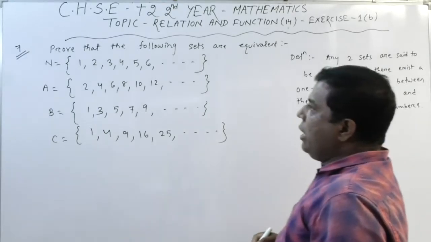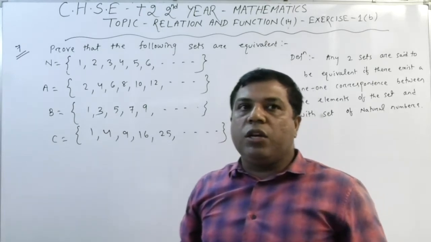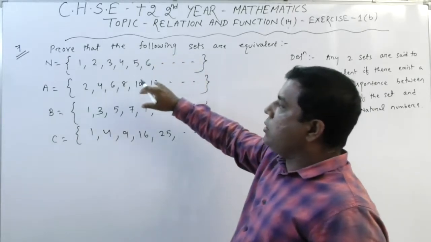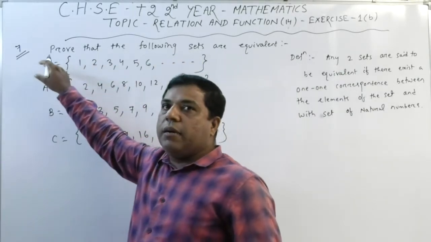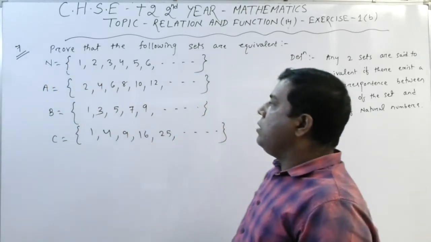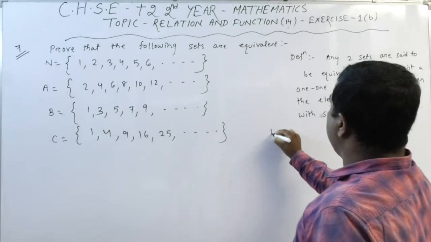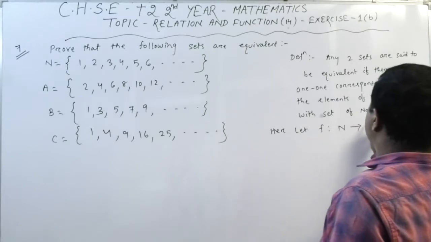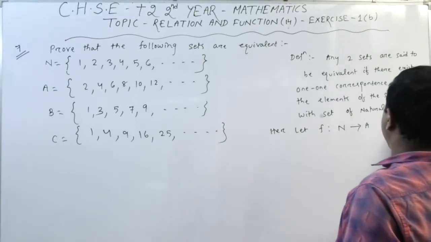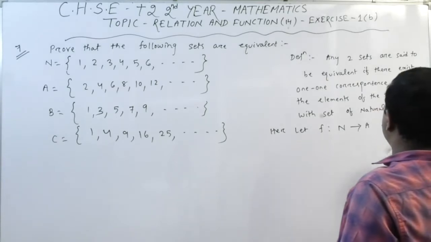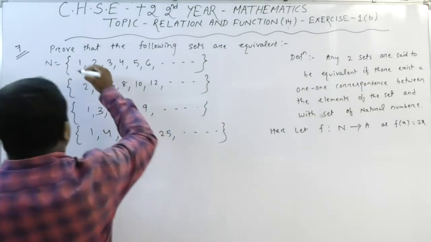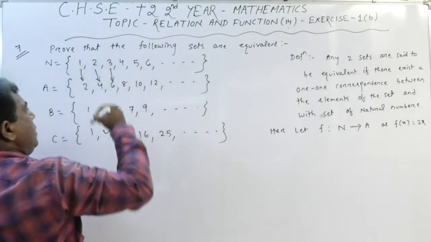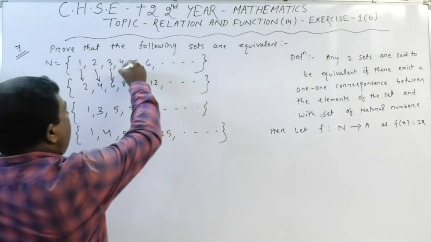So you can see here we have to show that they are equivalent to each other. What we have to show is that there exists a 1-1 correspondence between the set of natural numbers and the set A. Here let f be the function from the set of natural numbers to the set A, f of x equals 2x. So 1 is transformed to 2, 2 to 4, 3 to 6, 4 to 8 and so on.